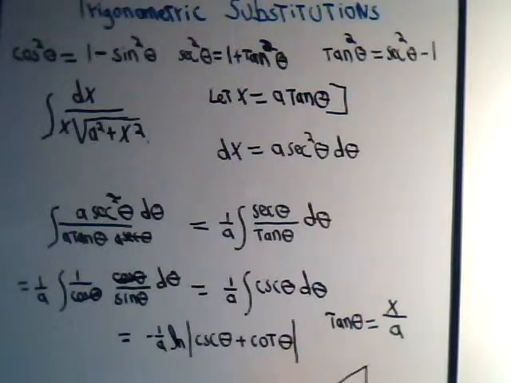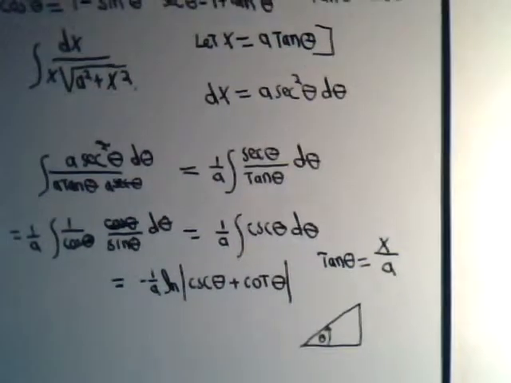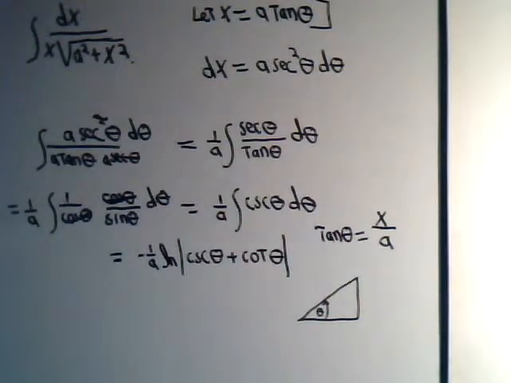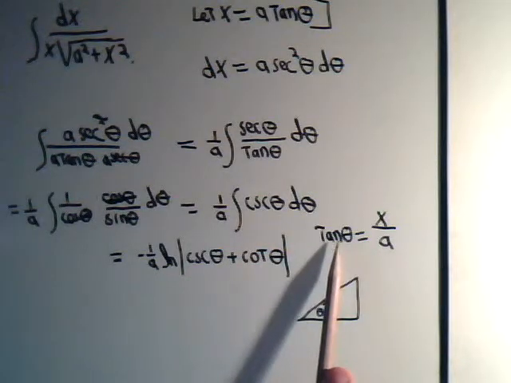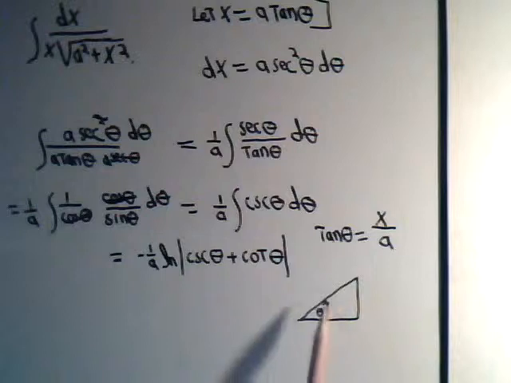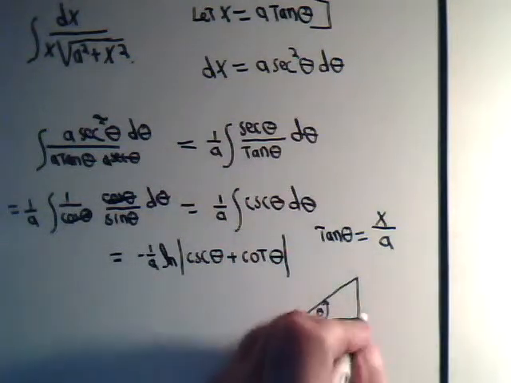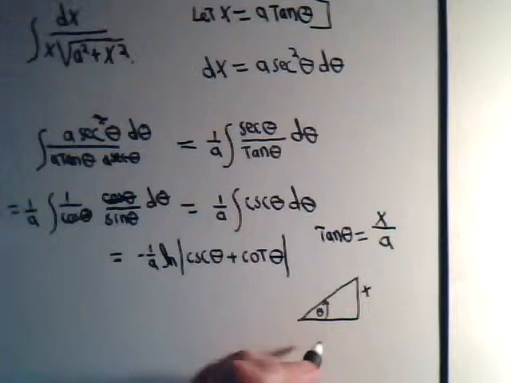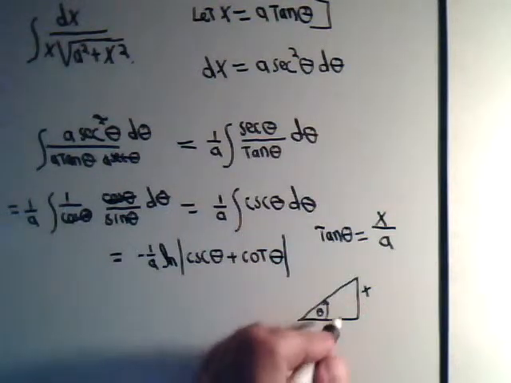And if this is theta, and the tangent of theta is x over a, let's get our triangle here. Everything is expressed in terms of thetas. Here's our original substitution. So we draw a triangle, the angle theta, and the tangent of theta is x over a, and that's equal to the side opposite divided by the side adjacent.